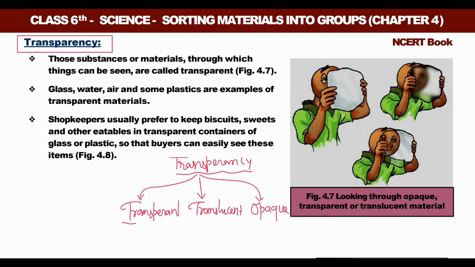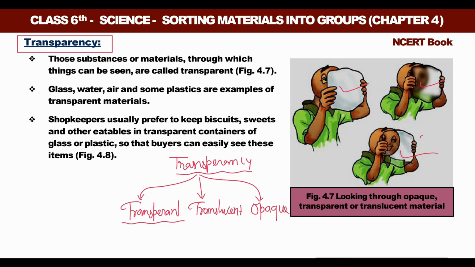So transparent, यहाँ पे आप देख सकते हैं that a person is watching through a glass and you can see through completely. लेकिन यहाँ पे it is also able to look outside but it is not clear, so it is translucent, और जिसमें बिल्कुल नहीं दिखे, it is opaque.